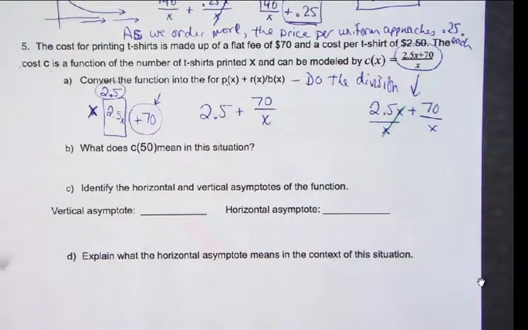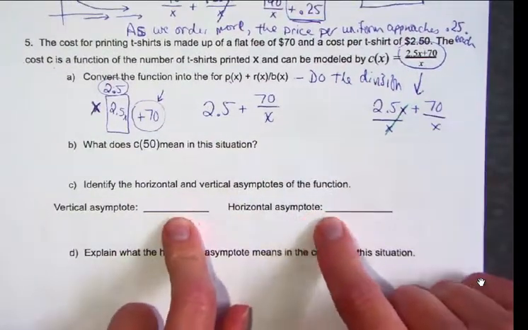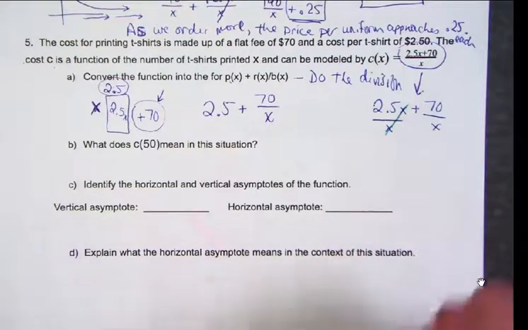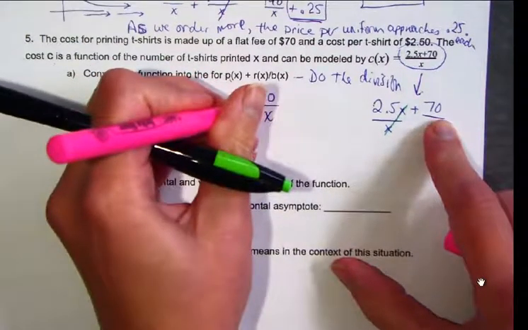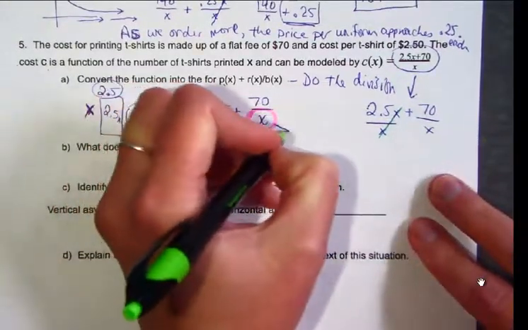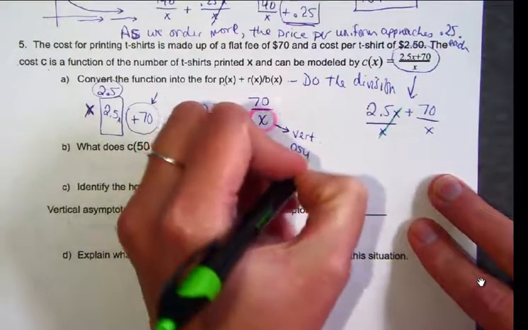This tells me a couple things. I could actually start to graph this, and I'm going to use it to skip right on down to part C. We know that a denominator cannot equal 0, and that a denominator is what's going to tell me my vertical asymptote.